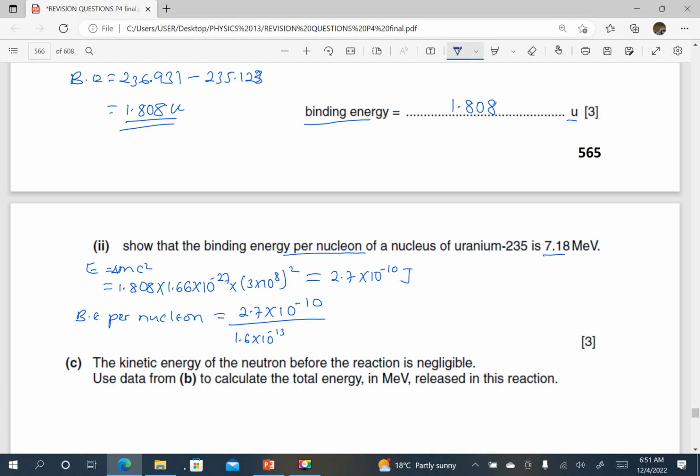Remember, 1 electron volt is 1.6 times 10 power negative 19. If it is mega, we multiply this by 10 power 6, so it becomes power negative 13. So that will be in mega electron volts, but we want binding energy per nucleon. So I again divide by the number of nucleons, which is 235.